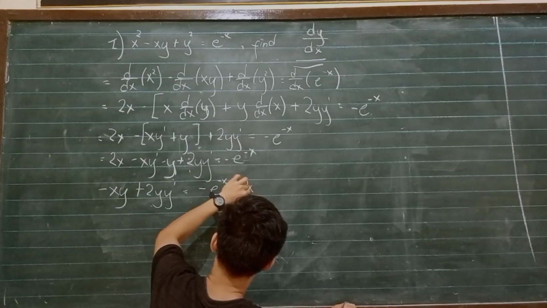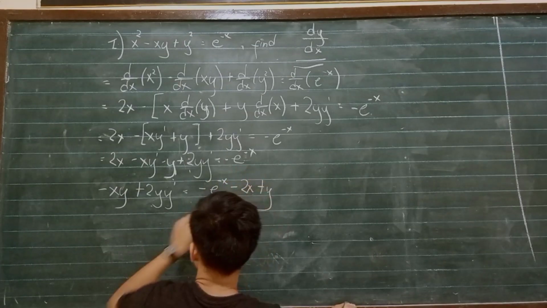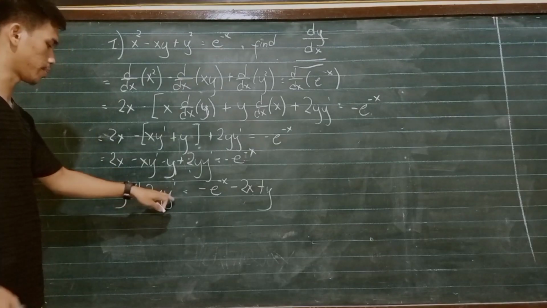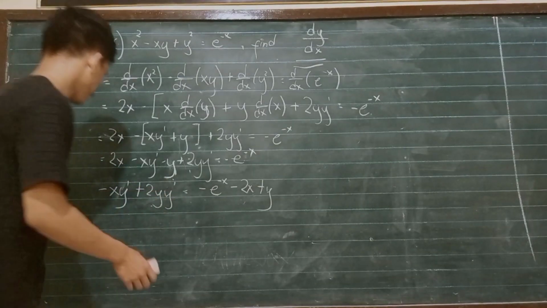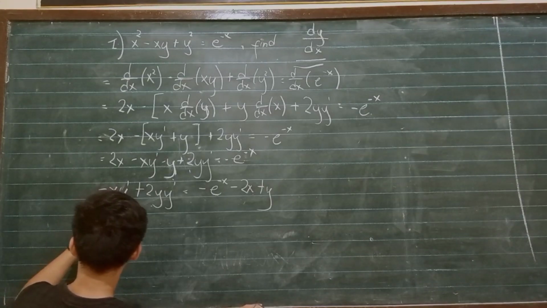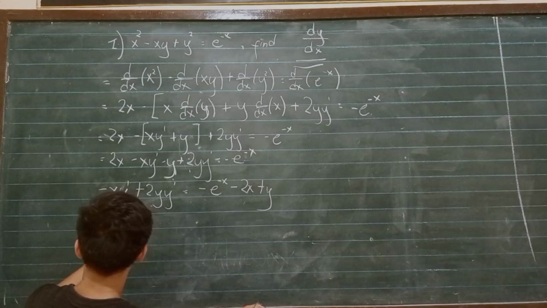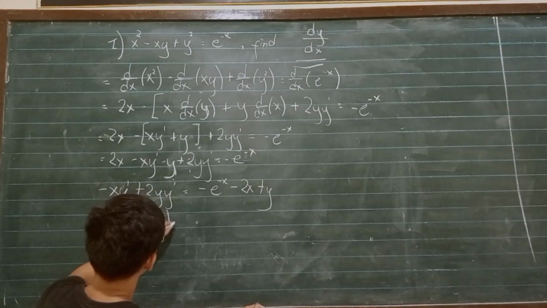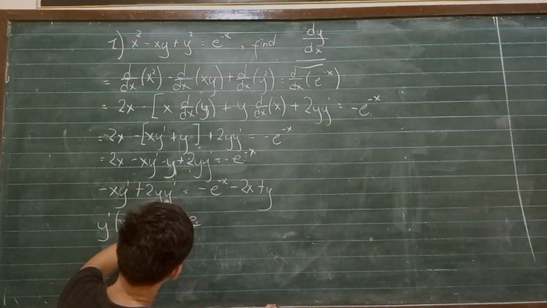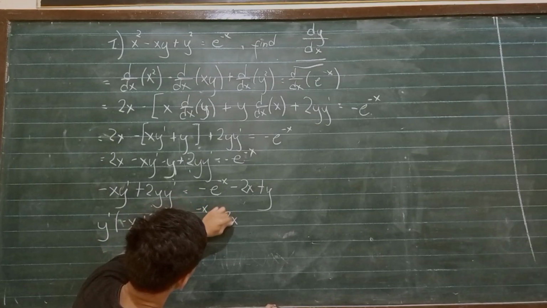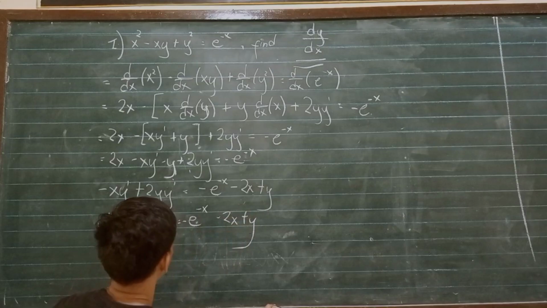minus 2x plus y. Here you can see it has a similar term, which is the y prime. That's why we need to simplify it. It will be y prime times negative x plus 2y is equal to negative e raised to negative x minus 2x plus y.